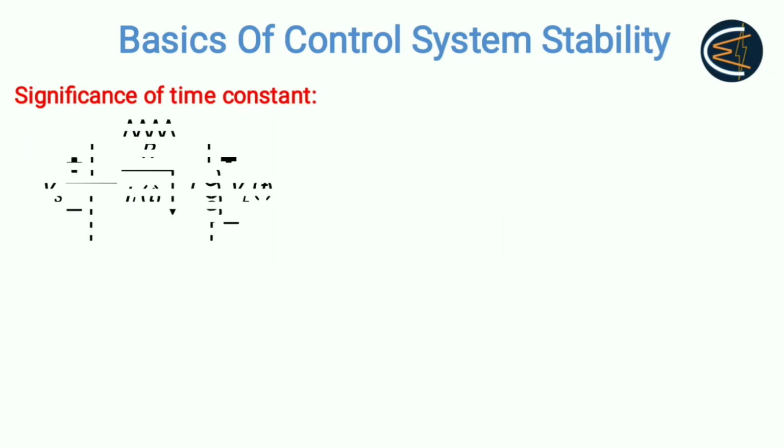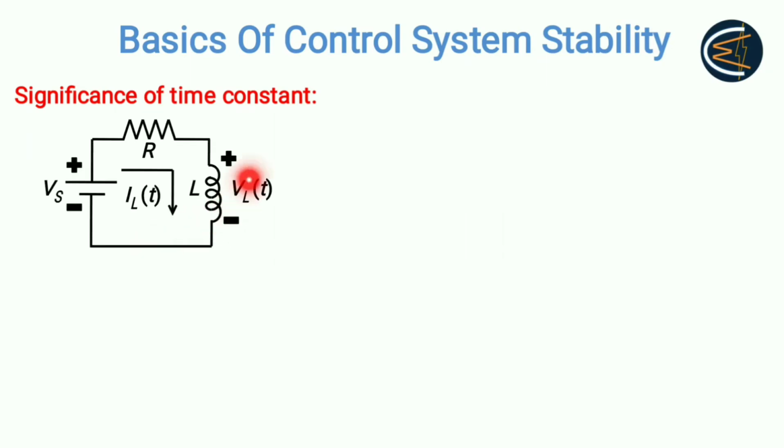Okay, so now let's take an example of RL series circuit under DC transient. This I have already analyzed in one of my previous video lectures. Kindly go through it. I have shown all the mathematical derivations in that video lecture. So if you perform the Laplace transform and then the inverse Laplace, you will get this expression. See, VL is nothing but the voltage across inductor, and S means the Laplace domain.